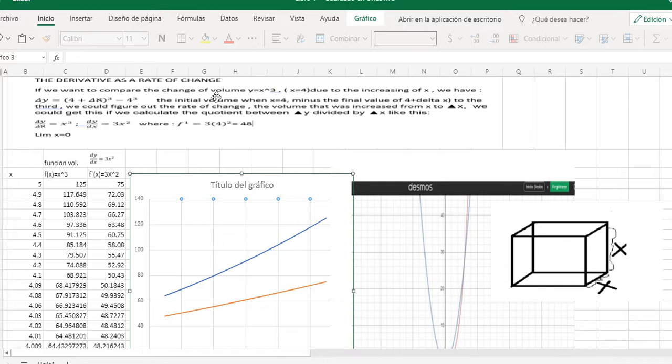But if we can increase a little value in y, we have to change a little value here in x, that is called delta x.